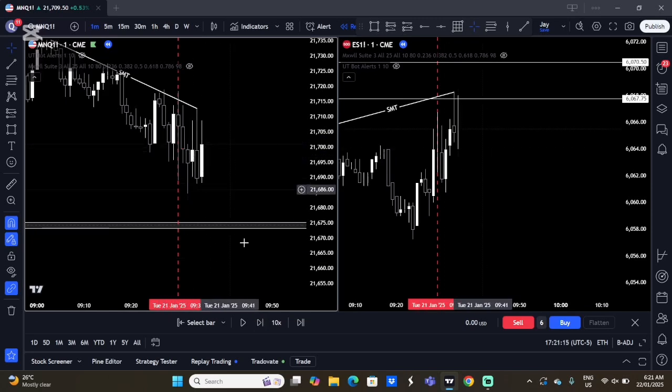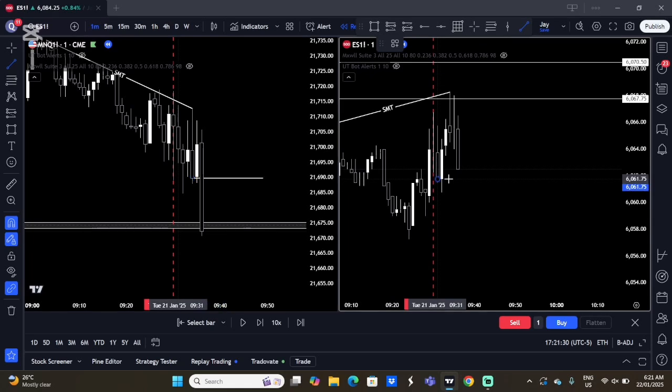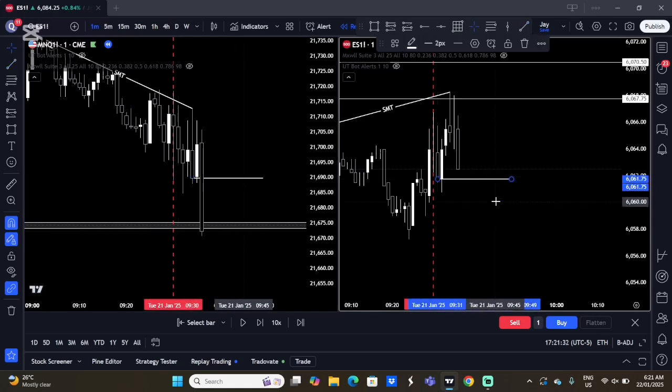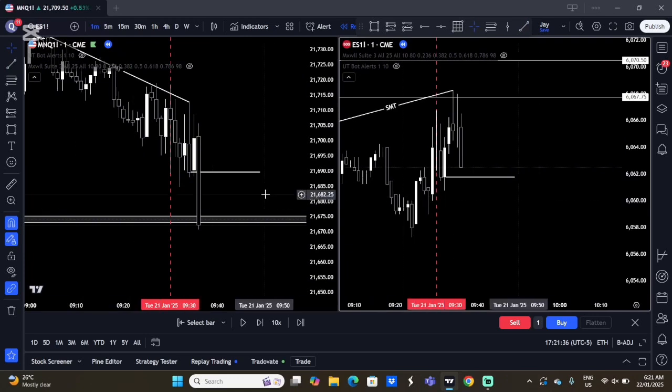And as soon as we put in this SMT, what do we get? Boom. Change in state of delivery. We want to see that here. For ES, we actually did not get the trade on ES.